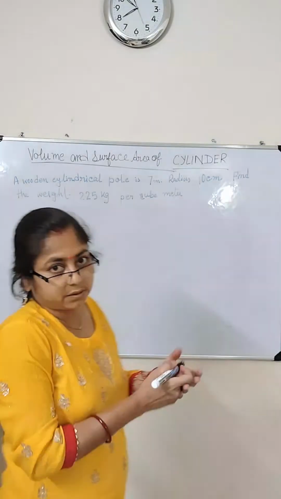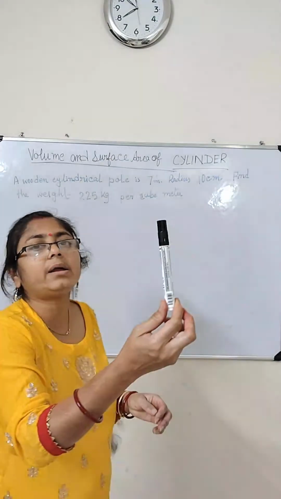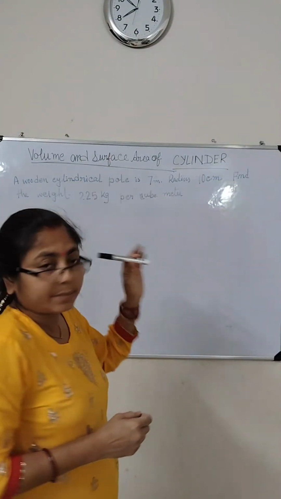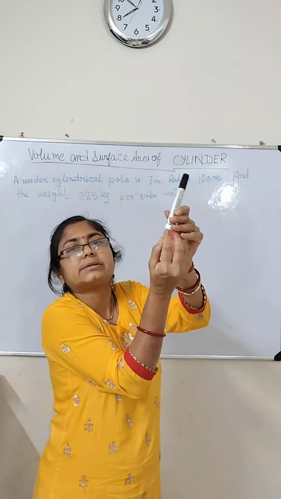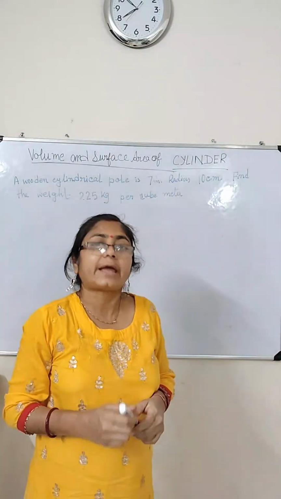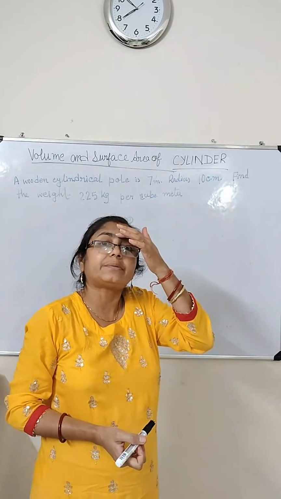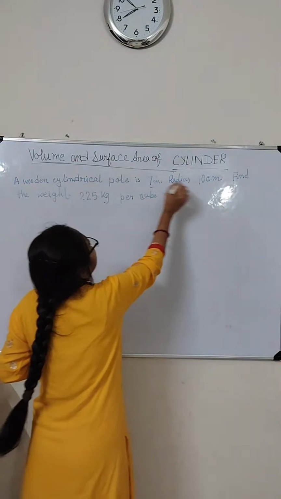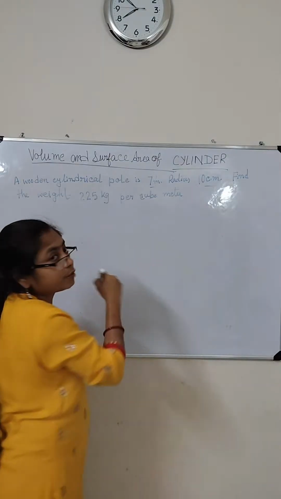There is a pole, and its height is 7 meter, and the radius is 10 centimeter. So first, make the units the same. Here one is meter and one is centimeter, so first change it.